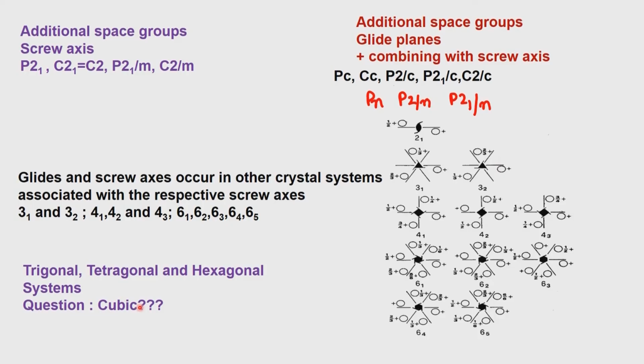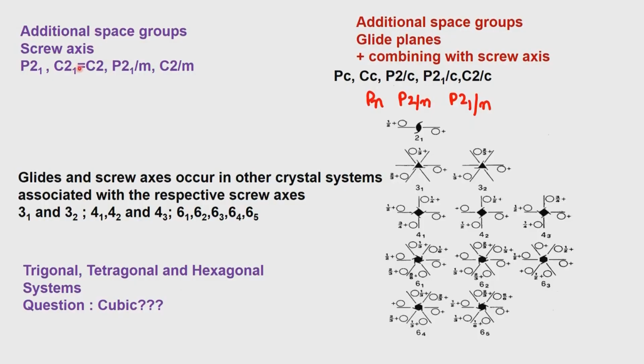So that is how, for example, when we talked about this C21 and C2, it is the C operation which dominates. So once we have a C-centered lattice, we will take that as the main concern for generating equivalent points. So you will have x, y, z, half plus x, half plus y, z. Any other component which will involve translations in either of these two x or y is secondary.